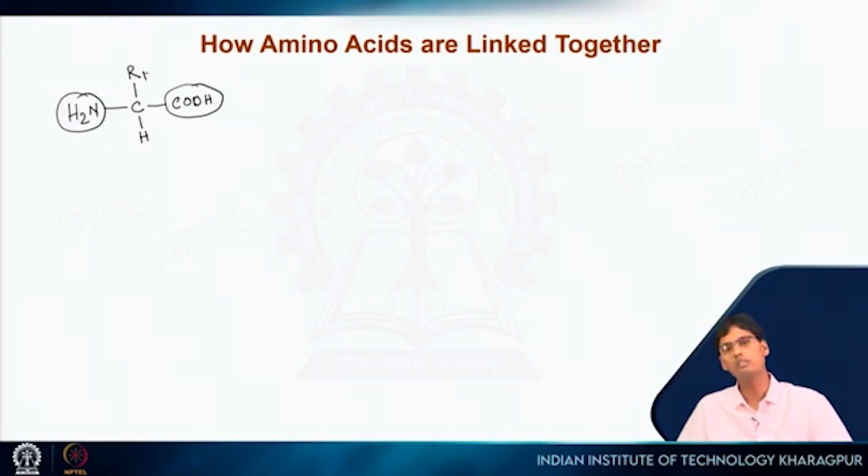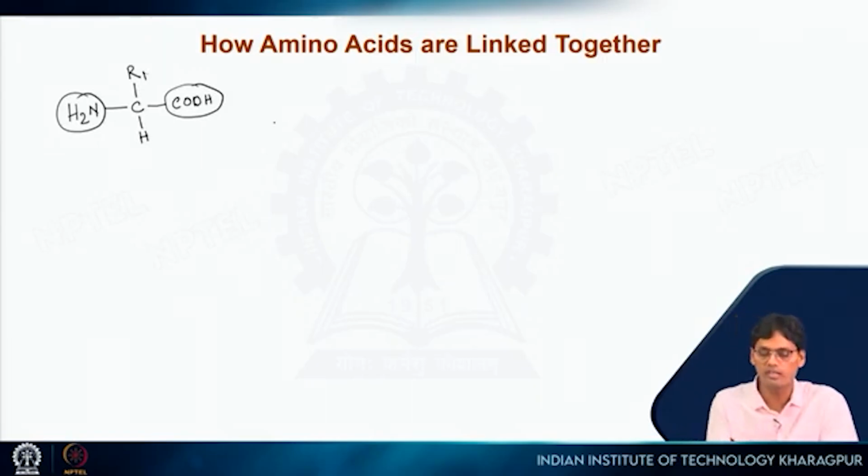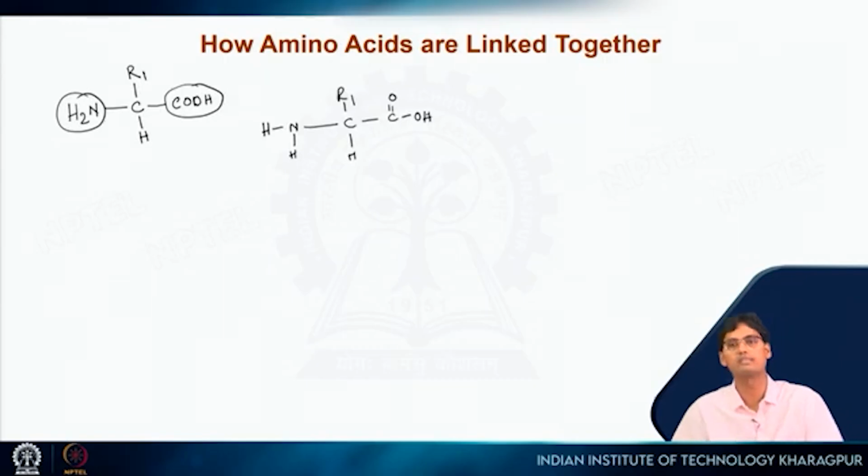But now how these amino acids get attached together by a peptide bond, that I am going to show now. If I draw the structure this way, H, N, H, C, R1, H. So this is the amino acid, right?